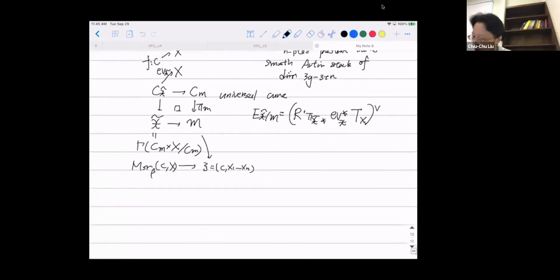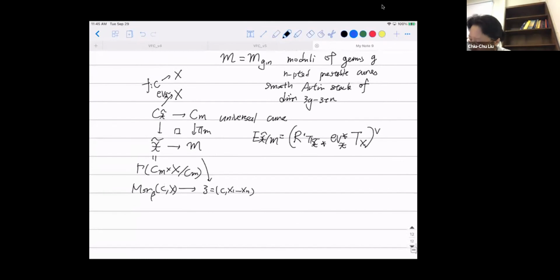So if we consider the dual of the perfect obstruction theory restricted to this point, we get the infinitesimal deformation of a map of a fixed domain.